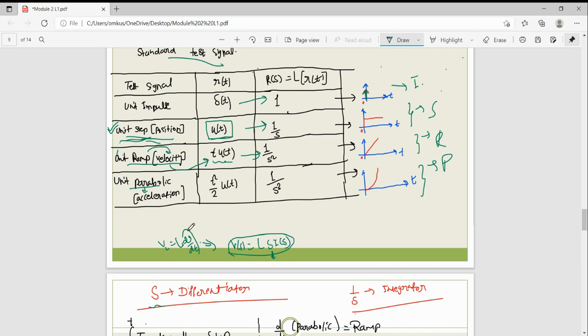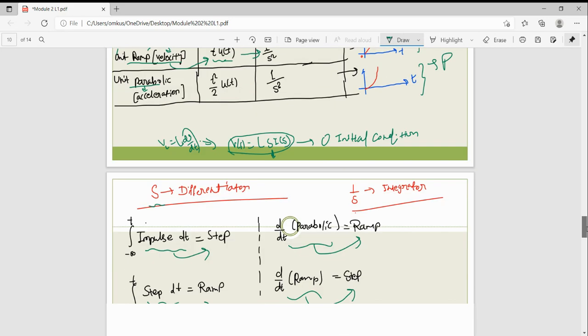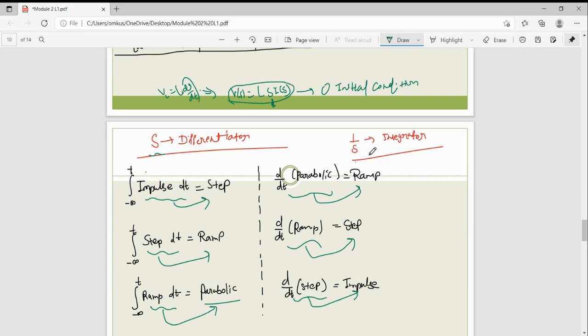So this s represents the derivative, and some initial condition is also present, but here I take zero initial condition, right? Zero initial condition.